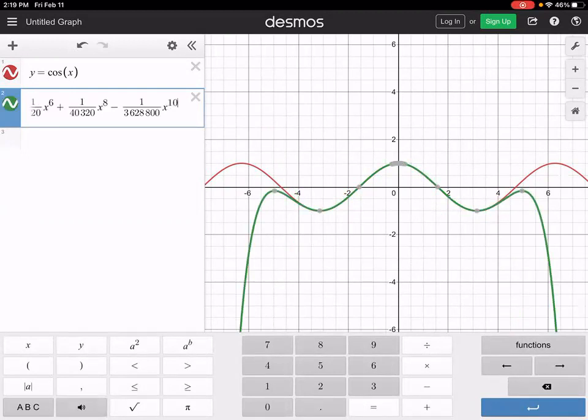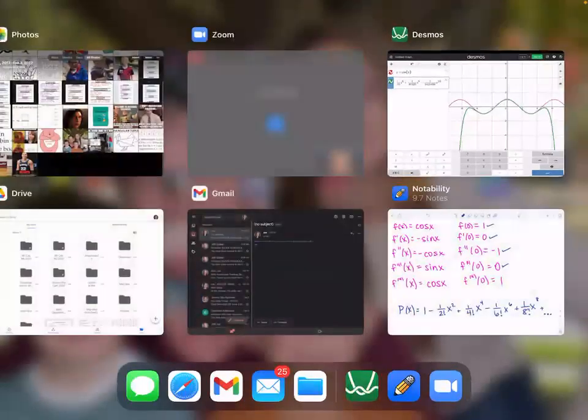And the more terms we add, the further out it's going to approximate our curve. Okay. And eventually we'll talk about a radius of convergence. Oh, it's going to be so great, but we'll focus on polynomials right now.